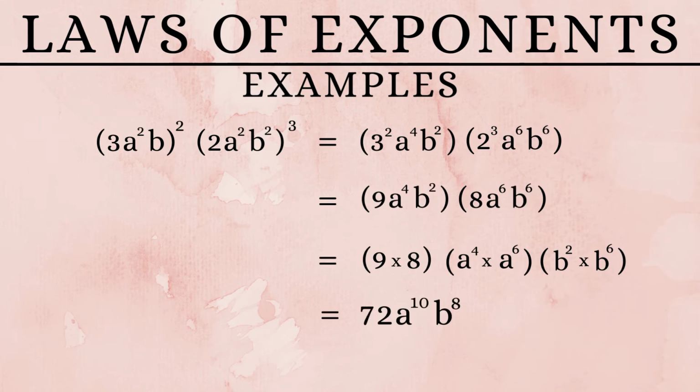So that becomes 72a to the power of 4 plus 6, which is a to the power of 10, into b to the power of 2 plus 6, which is b to the power of 8. So our final answer is 72a to the power of 10 b to the power of 8.